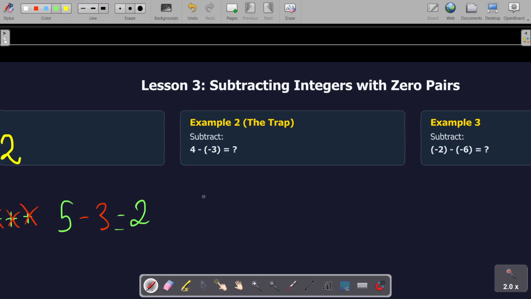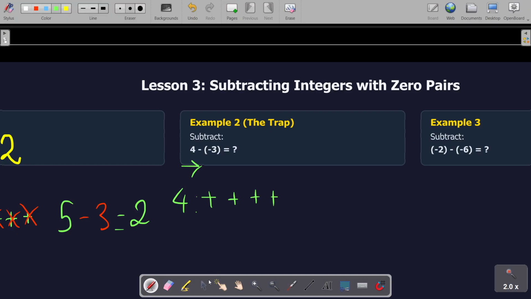Let's draw them. 4 crosses here, and then that means that we need to remove 3 negative counters because we are subtracting negative 3. But if you look at our collection, we only have positives. We have no negatives to remove because we're currently at 4 right now. So what do we do?